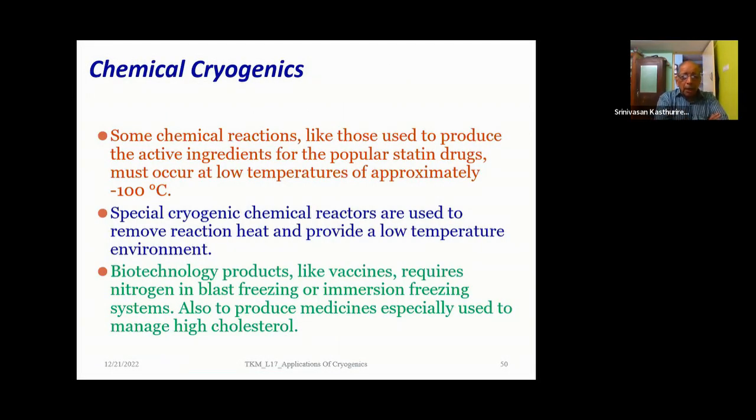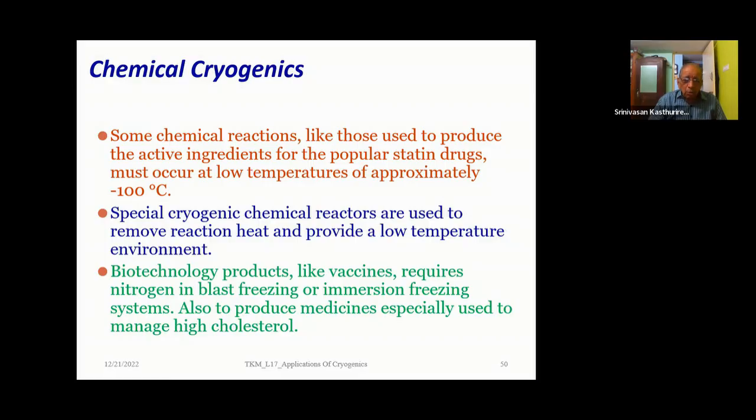Now, many chemical reactions, like those used to produce the active ingredients for the popular statin drugs, occur at a low temperature of approximately minus 100 degrees centigrade. Special cryogenic chemical reactors are used to remove reaction heat and provide a low temperature environment.